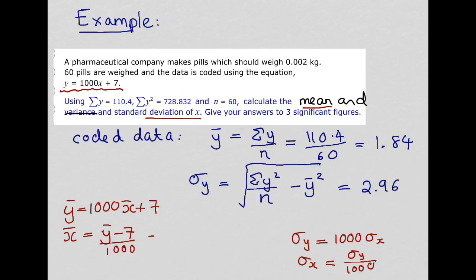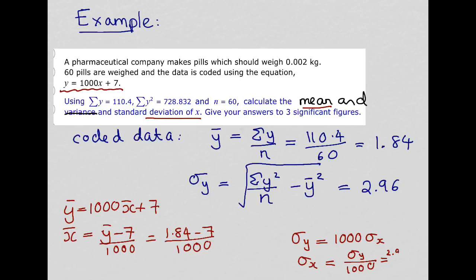Okay? So the mean for the coded data is 1.84, so I would take away 7 and divide by 1,000. For my sigma x, I'd take my 2.96 and I'd divide it by 1,000. I'm just struggling here to fit this on. I'm going to move this further over, okay?